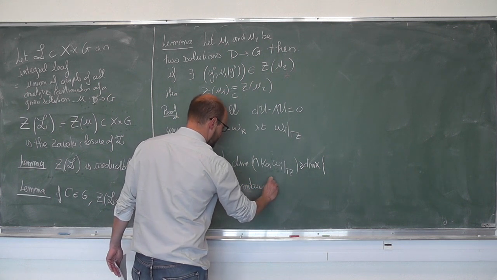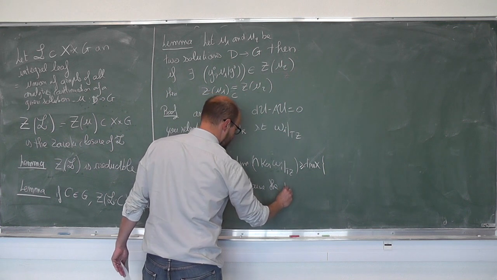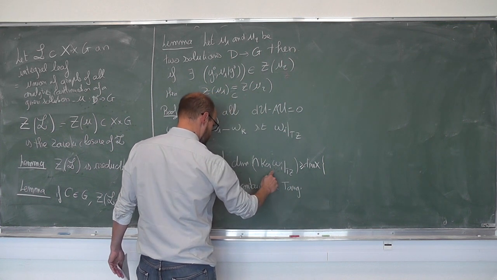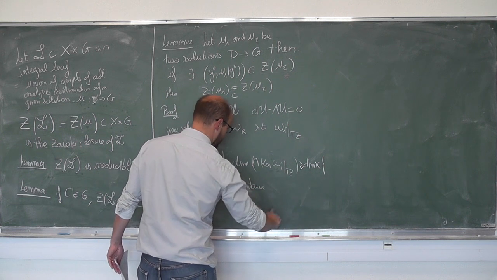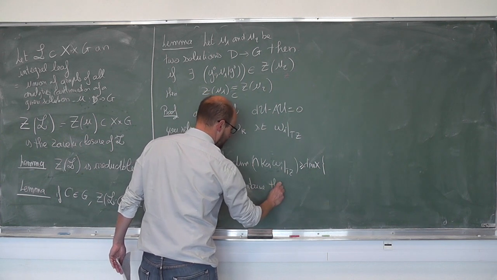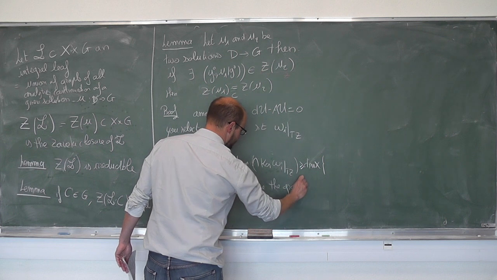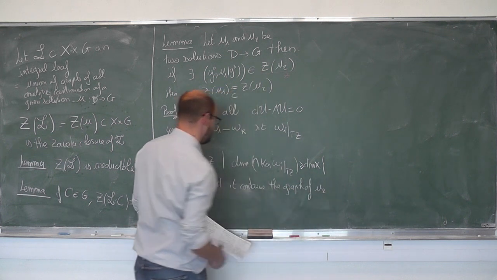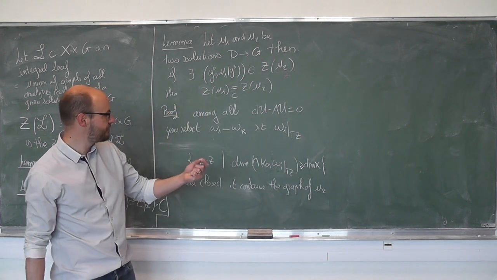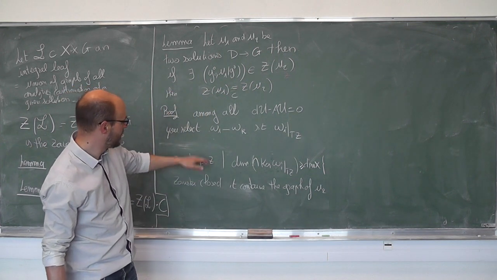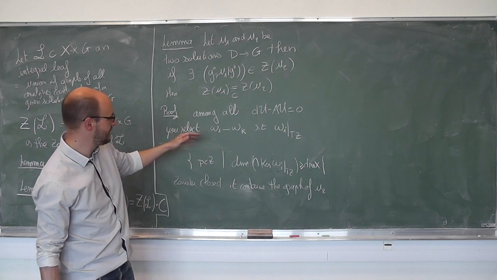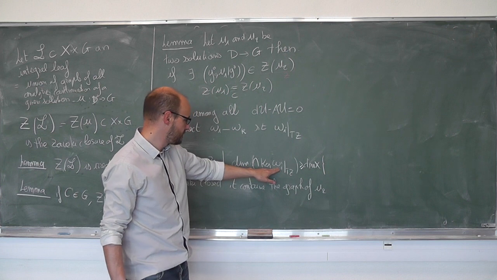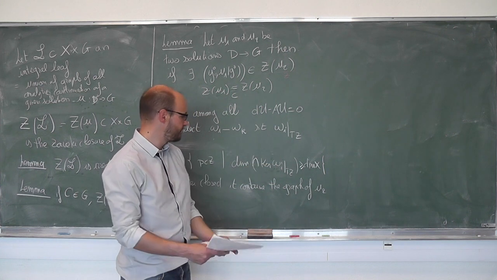So it's Zariski closed, and it contains the graph of U2. If you take a point in the graph of U2, all the tangent of this graph is inside the tangent of Z, and these forms vanish exactly on the tangent of the graph of U2.